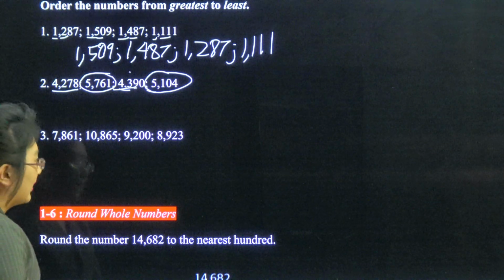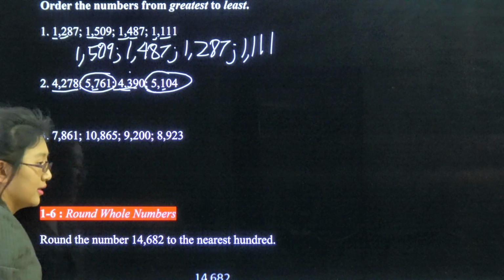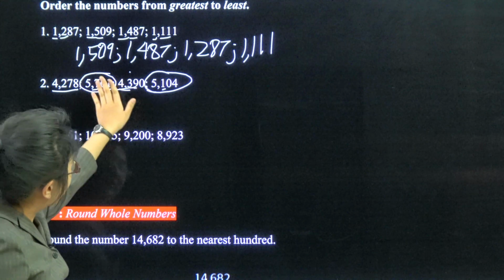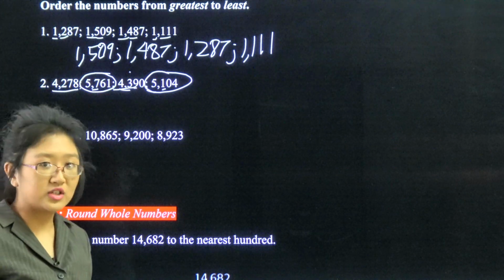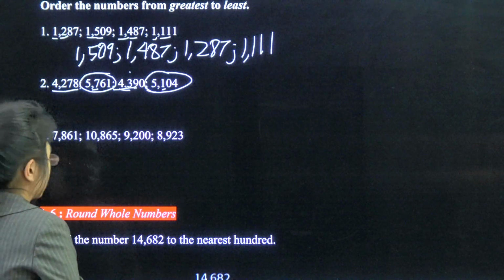But what do we do after? Well, we compare the hundreds place in these 2 groups. There's no need to compare the ones from the 5,000s with the 4,000s. Because it's already established that if you're in the 5,000s range, you're greater than the 4,000s range.